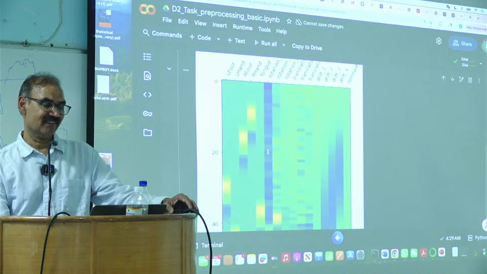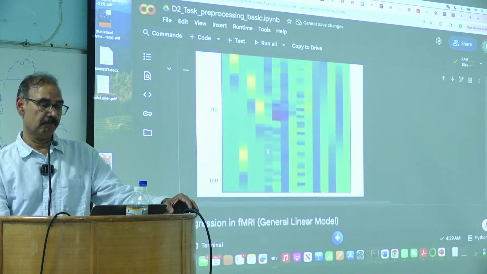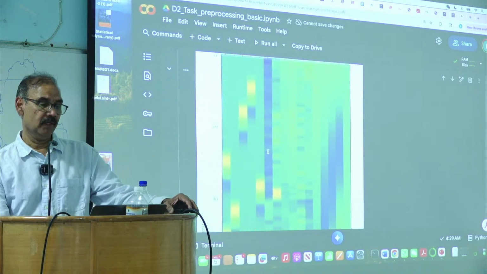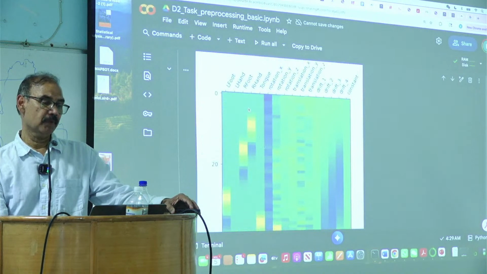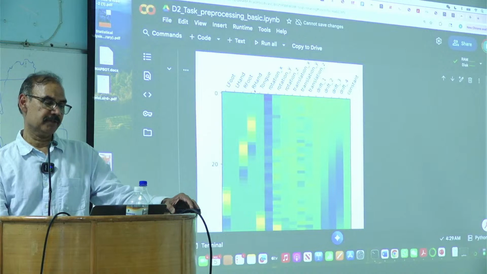These are the different conditions: left foot, left hand, right foot, right hand, and tongue. Those are the 5 conditions.